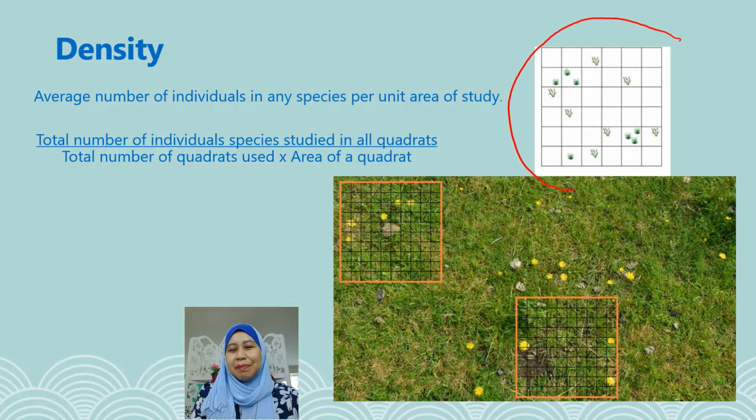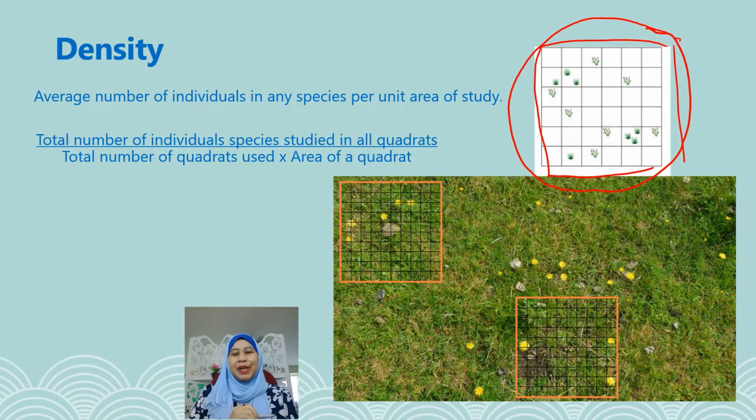In this example, the area of study is only this small. I want to study the density of this bunch grass species. How to calculate the total number of individual species studied in all quadrats? So how many do we have? 1, 2, 3, 4, 5, 6, 7.